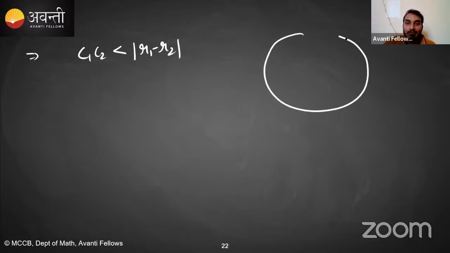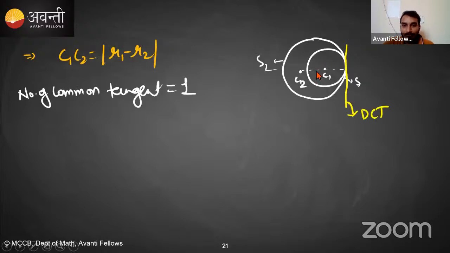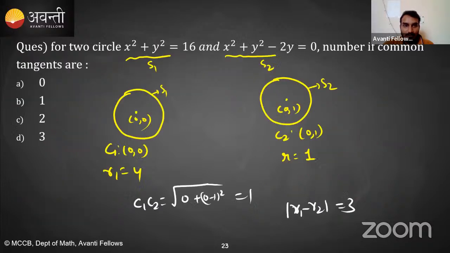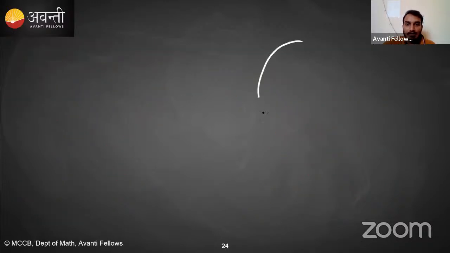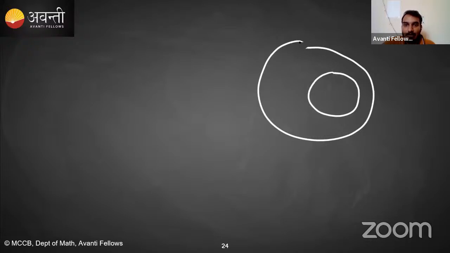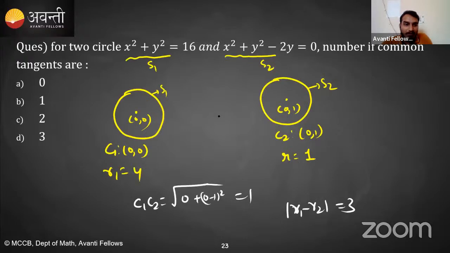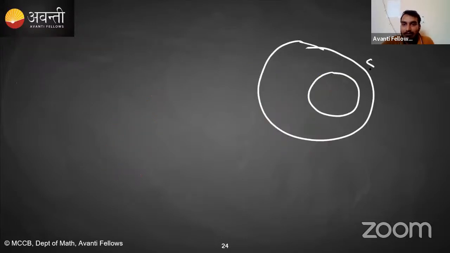Remember, one circle is here and another circle is like this. Yes or no? One circle is here and another circle is here. Is this clear? Which circle has bigger radius? S1 is this and S2 is this. Is this clear, everyone? So how many common tangents are possible? The situation is like this only. Yes or no? So it implies 0 common tangents.